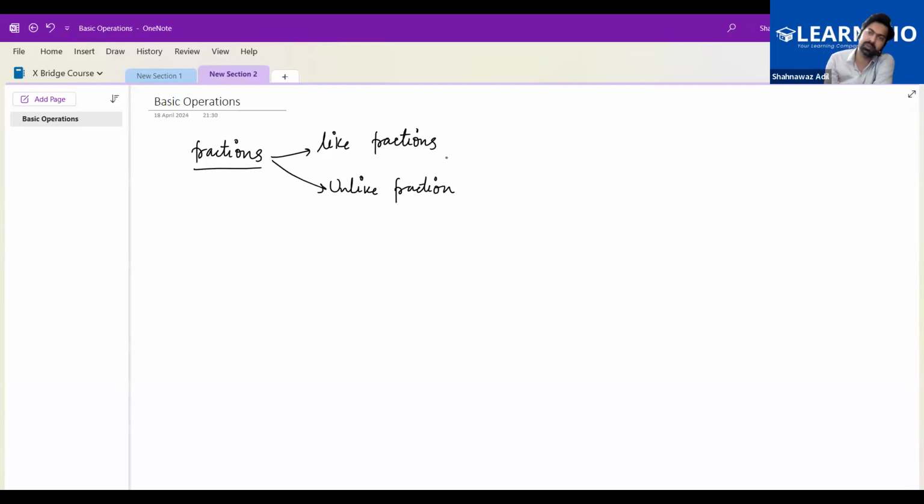Yes, absolutely correct. So they have the same denominator. So all the basic operations are defined in like fractions, right? Whatever calculation you do, those are defined for like fractions. And unlike fractions have different denominators, right?